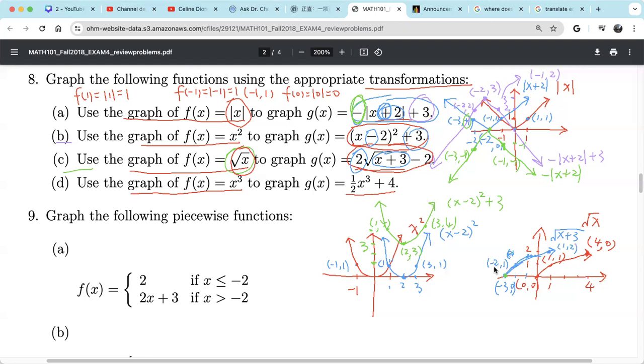Okay, the -2, 1 point becomes -2, 2 now. So -2 is here, 2 is here, because 1 times 2 is 2. 1, 2 now becomes 1, 4. So let's see this 1, 4 somewhere here.